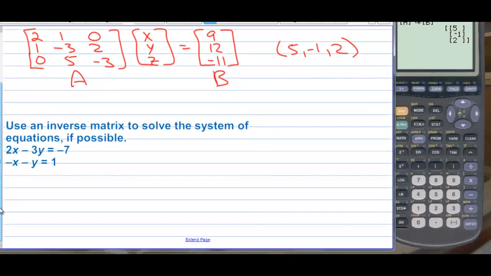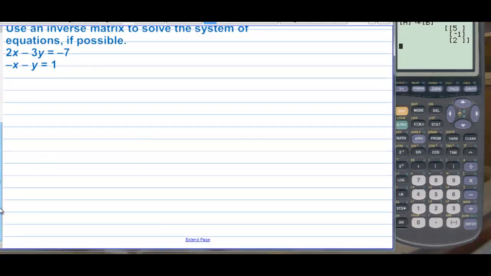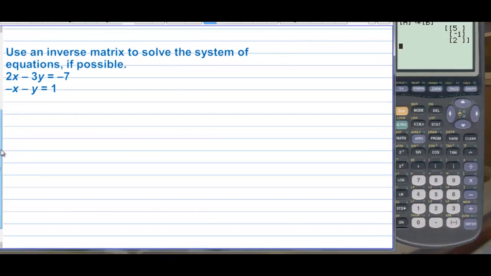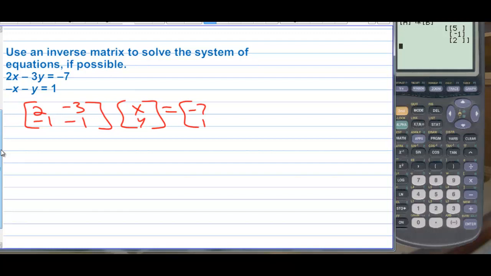Use an inverse matrix to solve the system of equations if possible. We have 2, negative 3, negative 1, negative 1 times x, y is equal to negative 7, 1. If we call this one A and call this one B, we need A inverse times B in order to solve this.